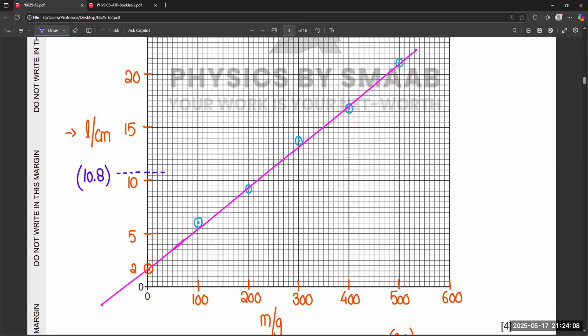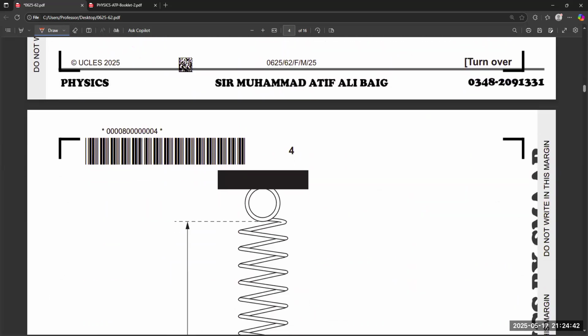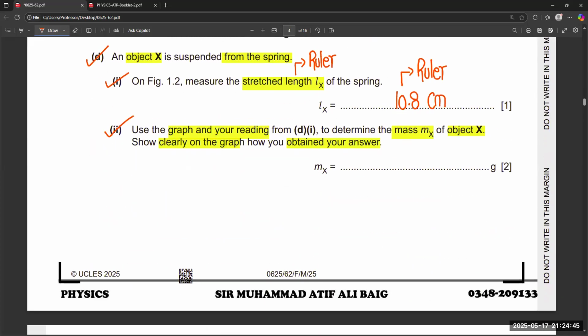So we have to extend this line. So this is the point. 10, 20, 30, 40. 240, right?